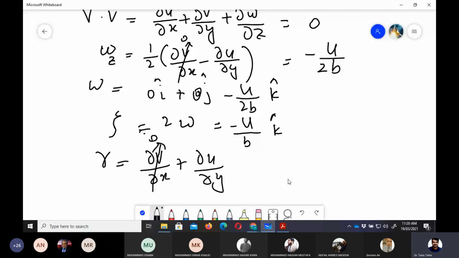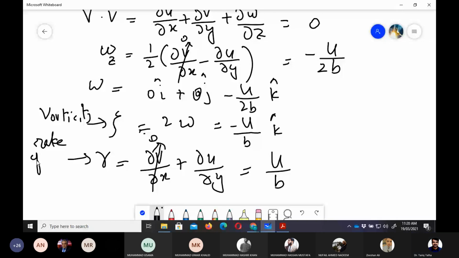So we have found the rate of angular deformation. Here it is vorticity. This is the rate of angular deformation. This is the rotation vector.